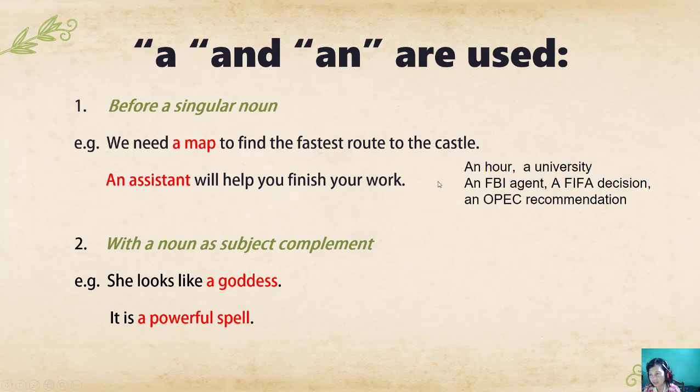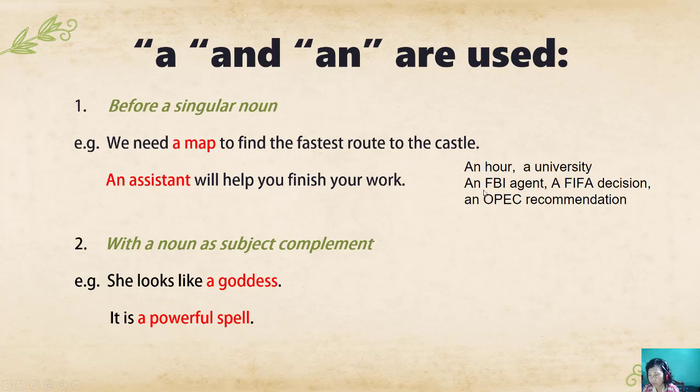Not the first letter. That's why when we have this, an hour, hour. This is written with a consonant, but it is pronounced like hour, with a vowel. The same as this, university. It is pronounced with a consonant, so you have a.